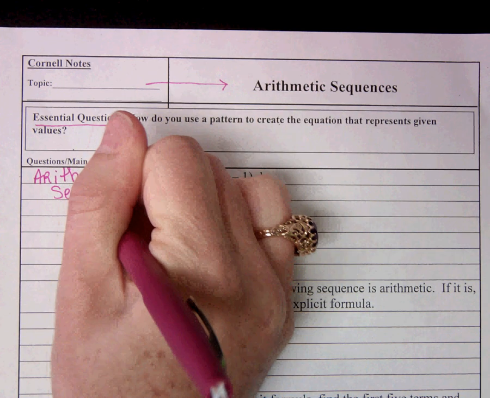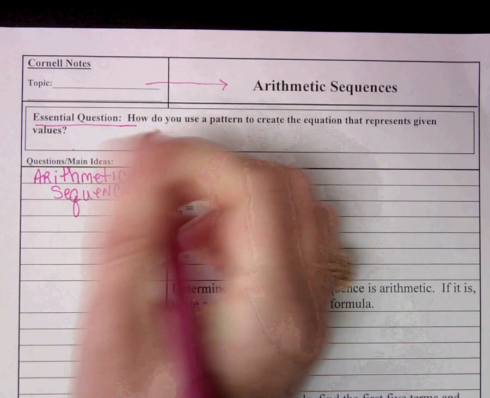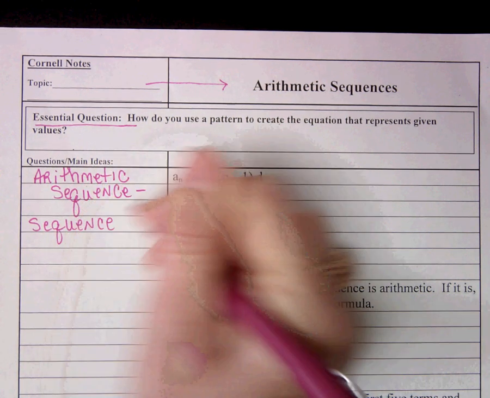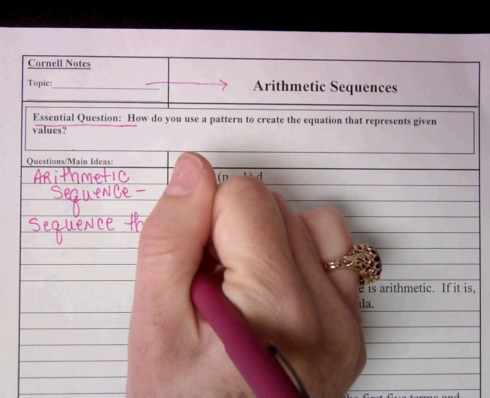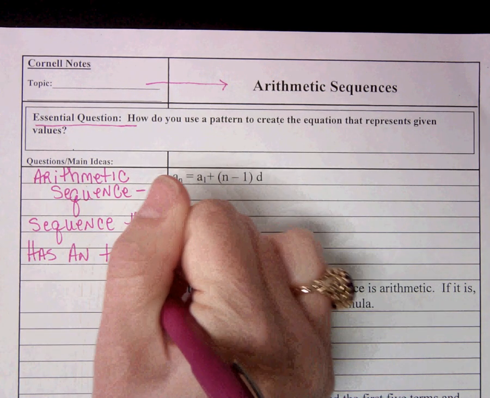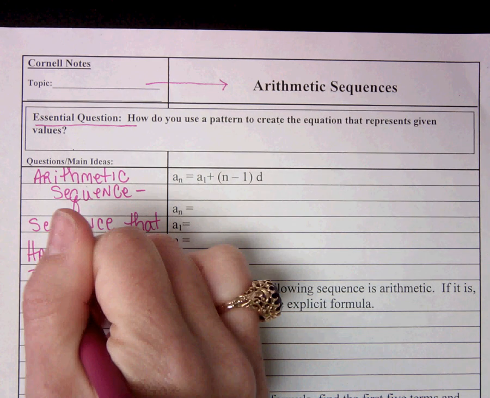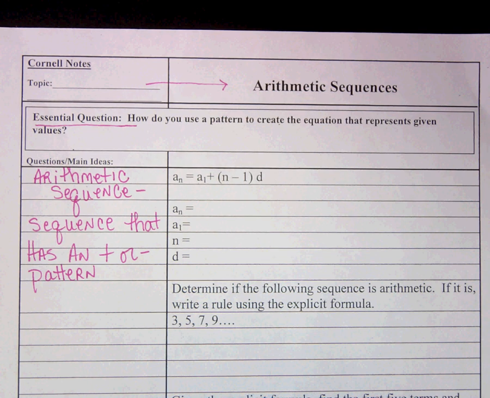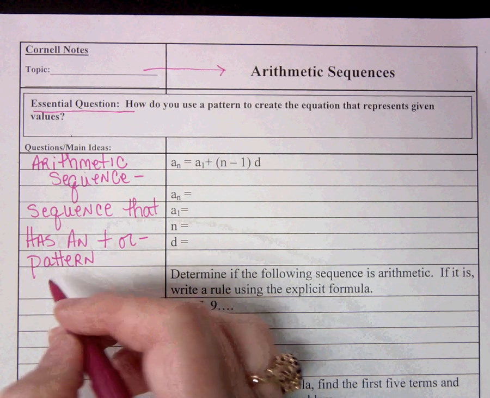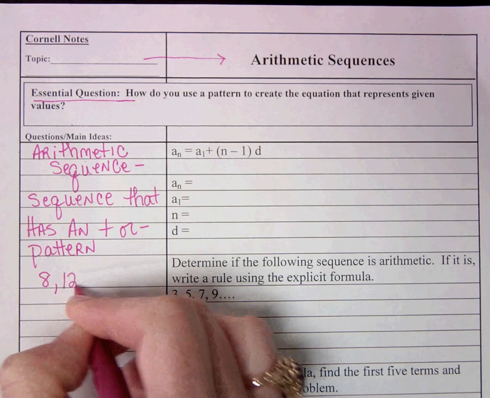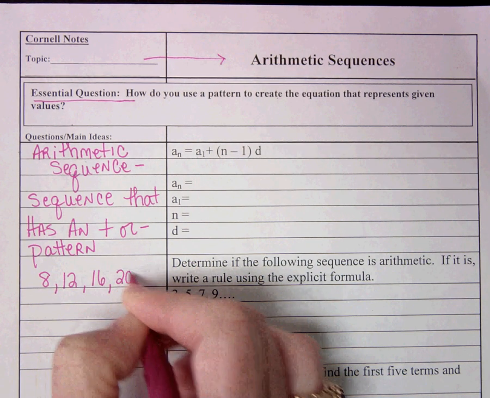Well, an arithmetic sequence is basically a sequence, a set of numbers, that has an adding or subtracting pattern. It has a common difference and that is adding or subtracting. So for example, an example of an arithmetic sequence might be 8, 12, 16, 20.